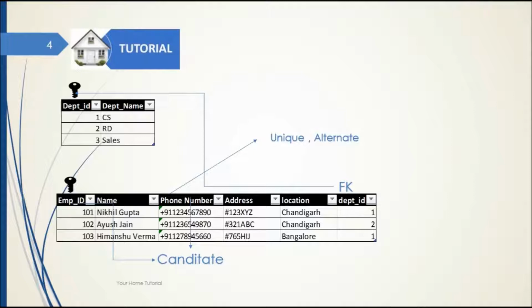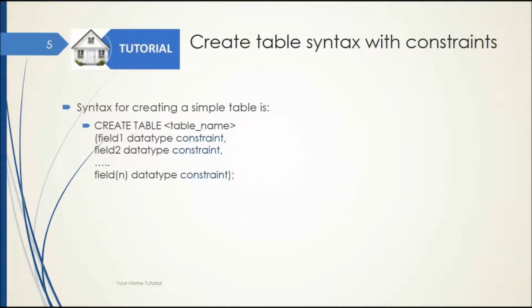This allows me to redefine the syntax of create table when we are using some constraints. So my new syntax will be create table, table name, field 1, data type, and constraint, and so on up to the fields we want.